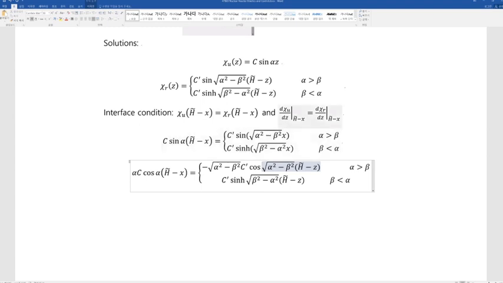The right hand side, if we differentiate the chi r and then insert h tilde minus x, similarly we are going to have a cosine hyperbolic function.